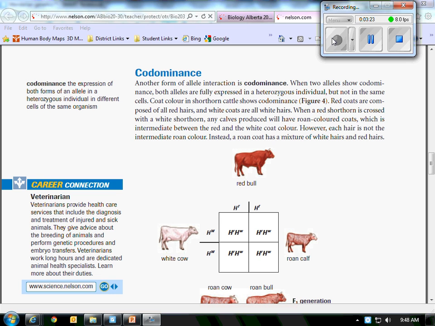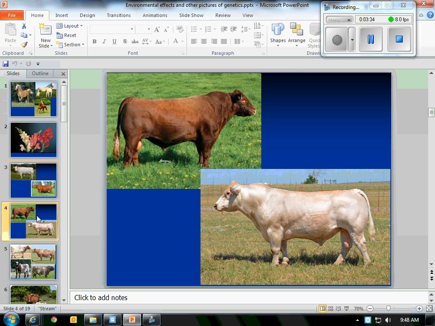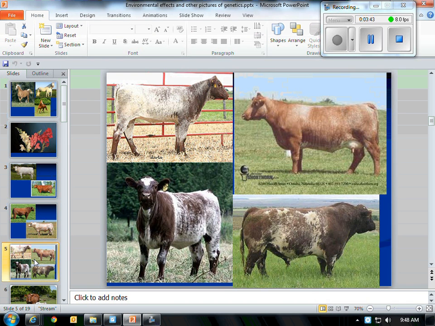So they're codominant genes. So these are shorthorn cattle, white or red. There's the bulls of the same cattle, white or red. But if you interbreed these, the gene is codominant, and you get a condition called roan.